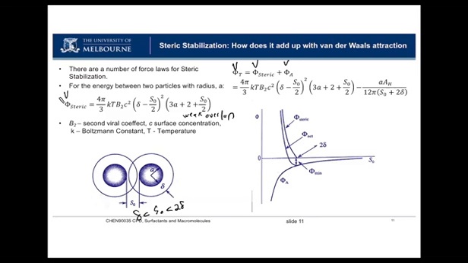This is a force law, and what you can see is the things it's a function of is the brush layer thickness, delta, the radius of the particle, the separation distance, the amount of polymer that's on the surface, that's effectively what C2 is, and B2, which is something called the second virial coefficient, which is basically describing whether or not the polymer likes to interact with itself. And what you're able to do is you can calculate a steric force law that's effectively a function of S naught. Before we were using H, but I've got S naught in here, and I've also got, in this case, a van der Waals force where H is equal to S naught plus 2 delta.